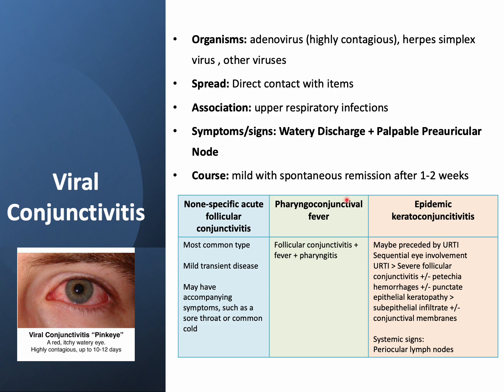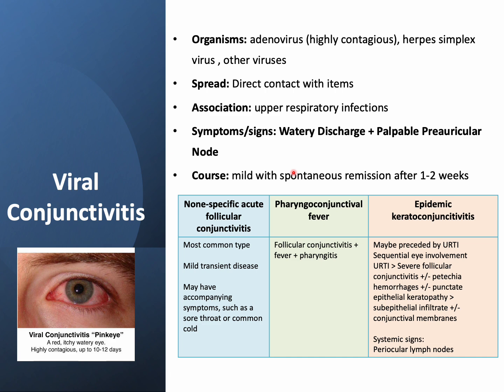It's usually associated with upper respiratory tract infection. Usually the patient comes with watery discharge and can have palpable lymph nodes. It's usually mild, with spontaneous resolution, usually within 1 to 2 weeks.